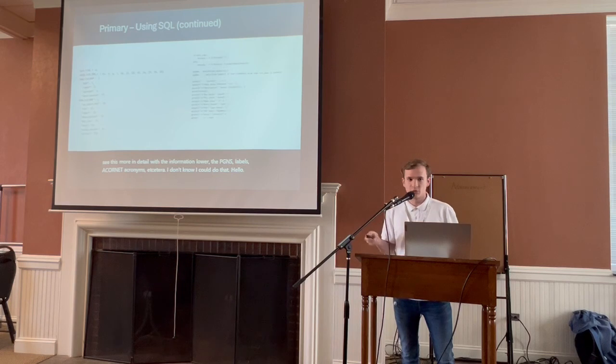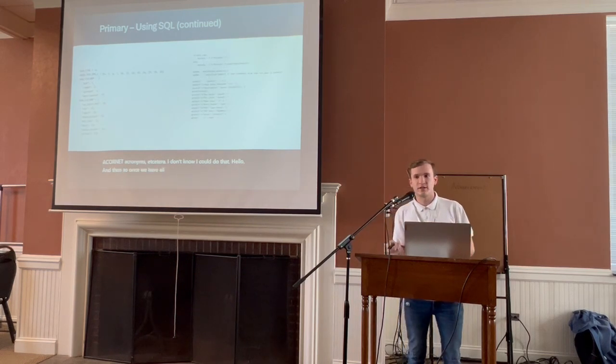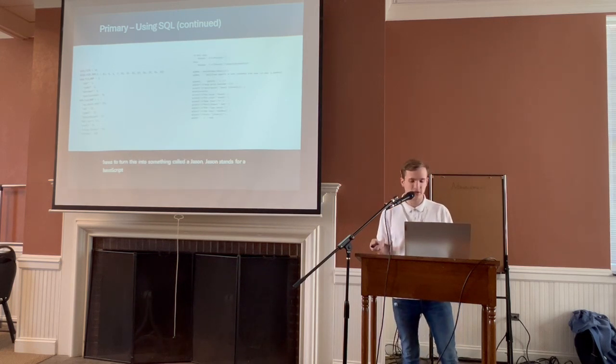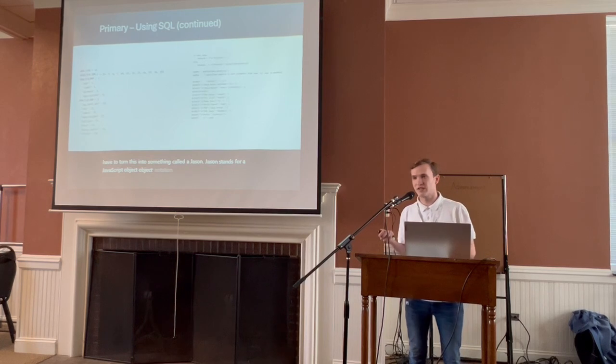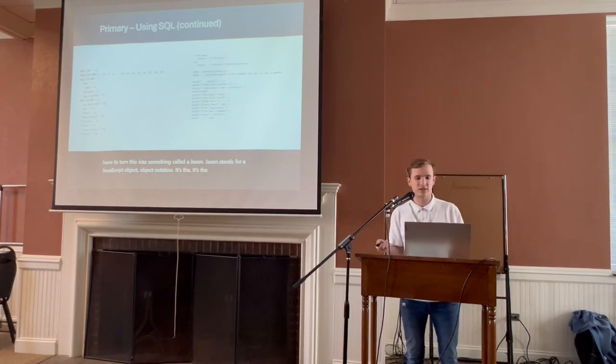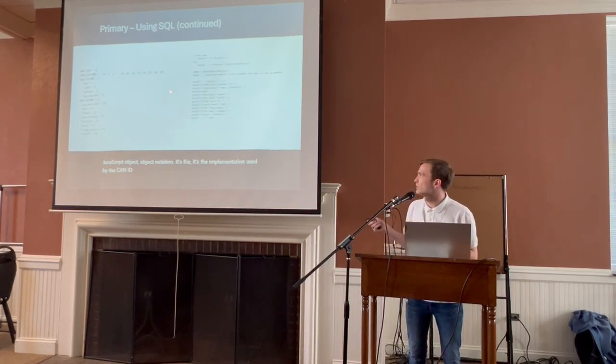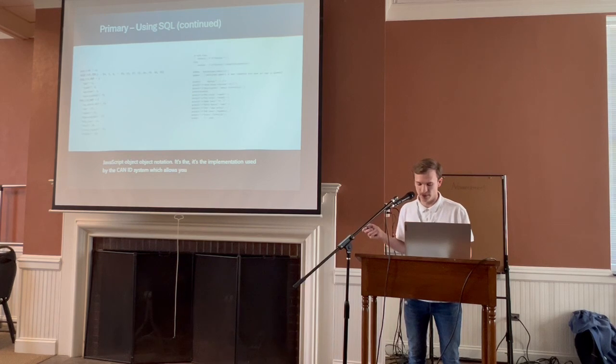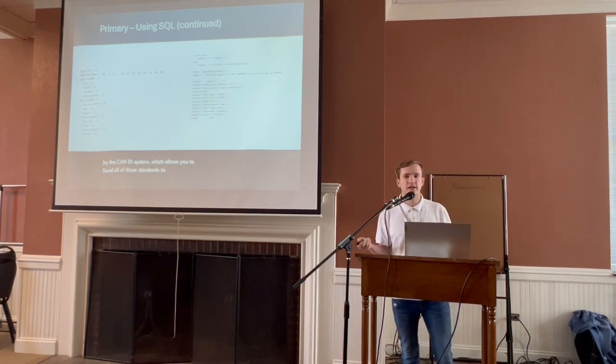Once we have all of these compact databases, we then have to turn this into something called a JSON. JSON stands for JavaScript Object Notation. It's the implementation used by the CAN ID system, which allows you to send all of these standards to the AI in a way that the AI can actually read and make sense of it.